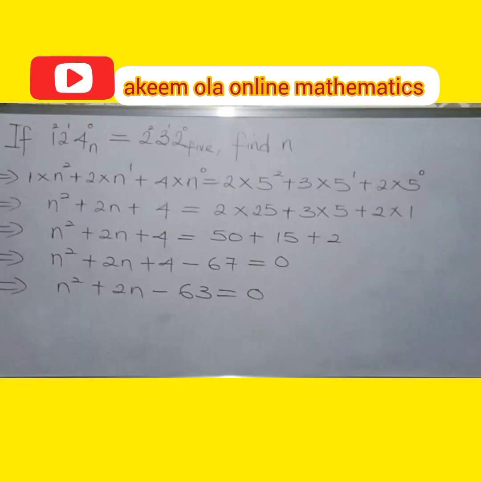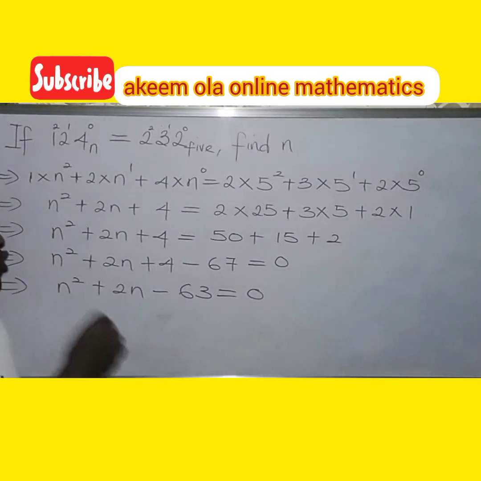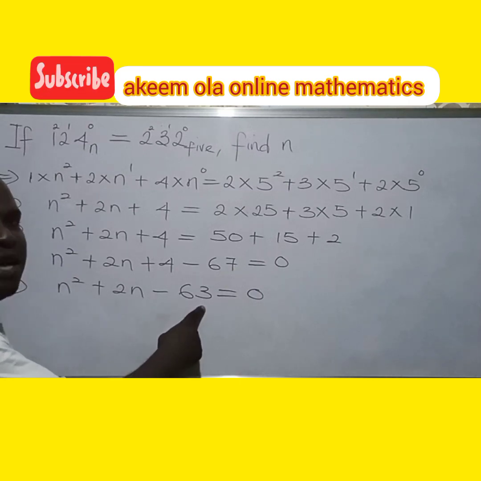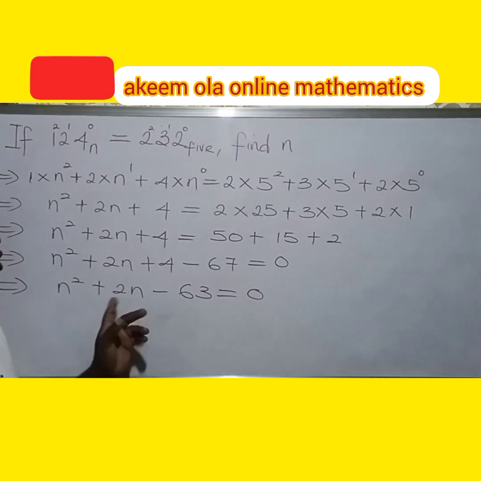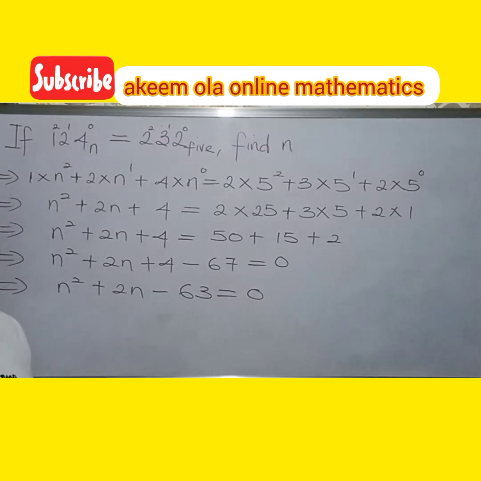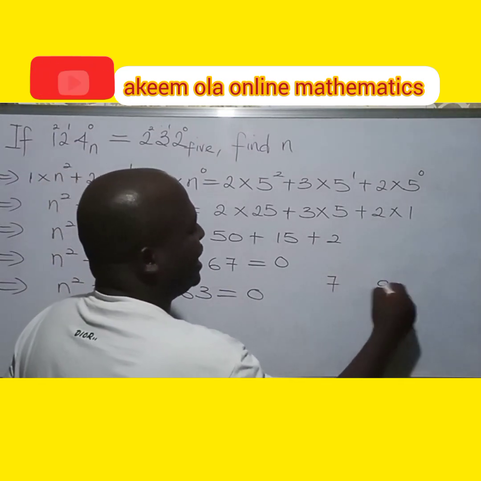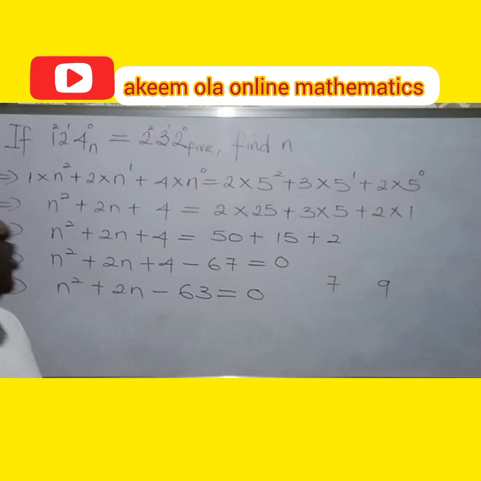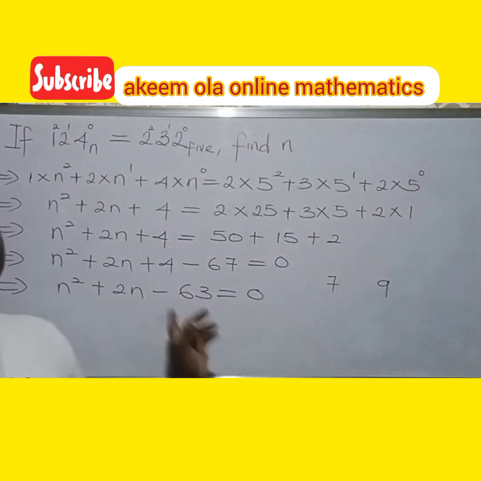That means we are going to look for two numbers that will be multiplied together to give us minus 63, and when added together, will give us plus 2, the coefficient of n. These two numbers will be 7 and 9. 7 times 9 will certainly give us 63, but one of them must be negative.